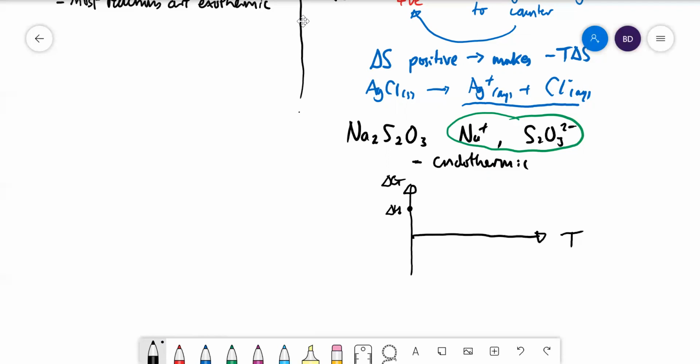The gradient is equal to minus delta S. Delta S is positive, so we're going to have a negative gradient. So look what happens. At this temperature here, delta G is equal to 0. So that is the minimum temperature at which the solid will dissolve.